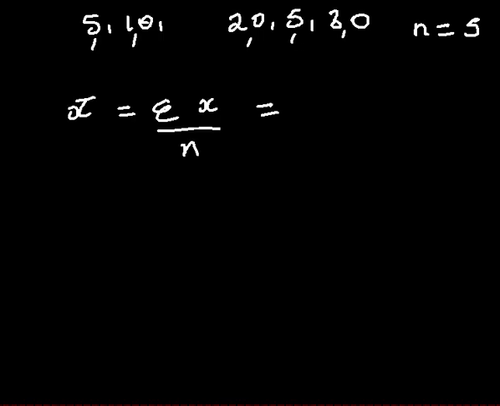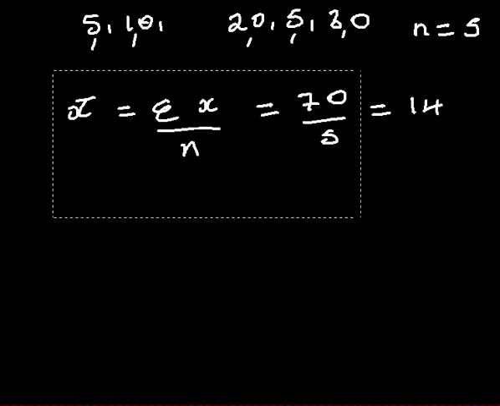We have the sum: 5 plus 10 is 15, and 15 plus 20 is 35, and 35 plus 5 is 40, and 40 plus 30 is 70. So we have 70 divided by 5. What is 70 divided by 5? That is 14. So the mean is given as 14.